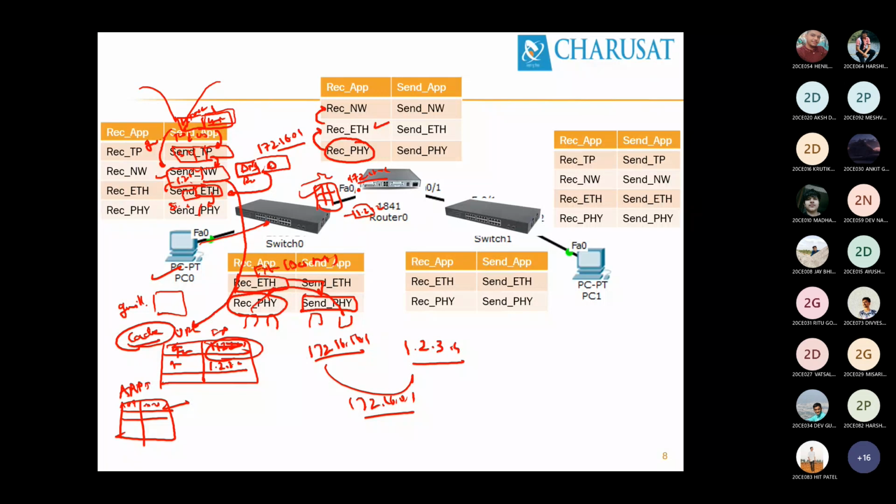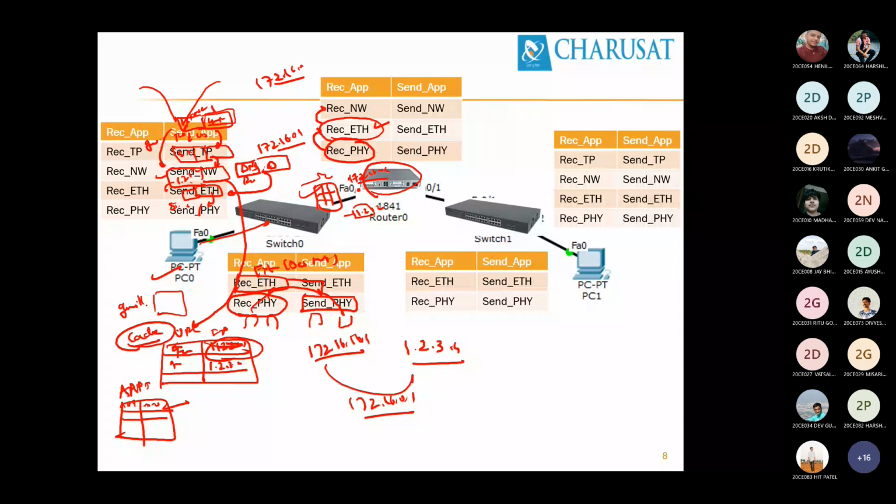No. 172.16.0.1. We are here. The destination MAC address of that frame contains the MAC address of 172.16.0.1. Correct? So that IP address belongs to itself?